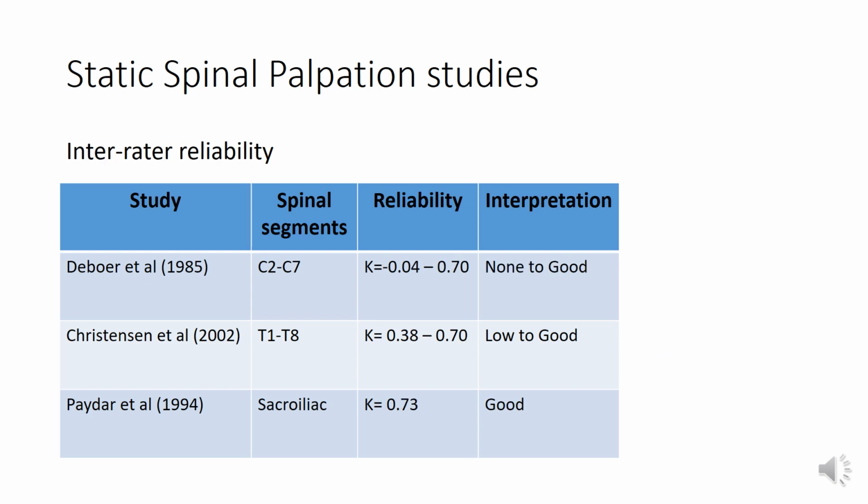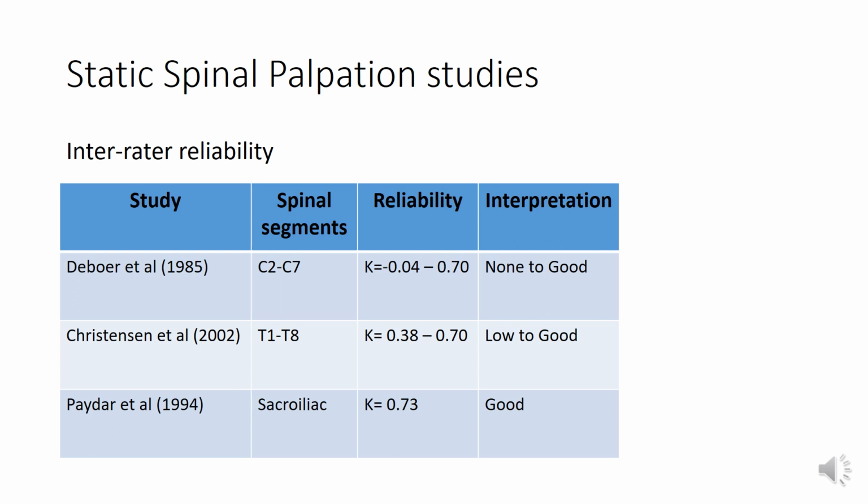Okay, we now have the figures for the inter-rater reliability for the exact same 3 studies. Now have a look at the reliability figures. Are these better or worse than the intra-rater reliability statistics we had previously? Unsurprisingly, the inter-rater reliability figures are worse than the intra-rater reliability.